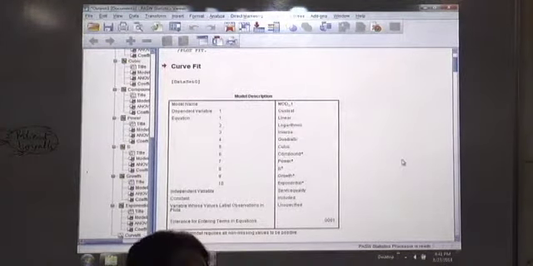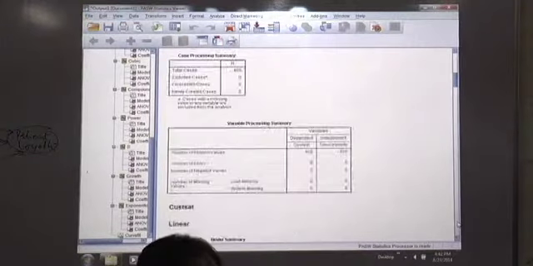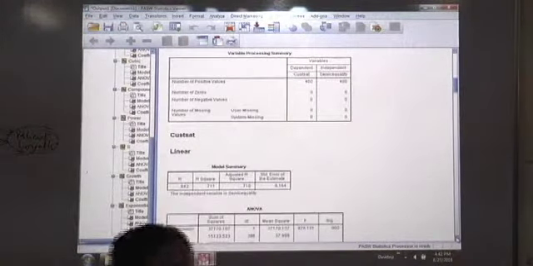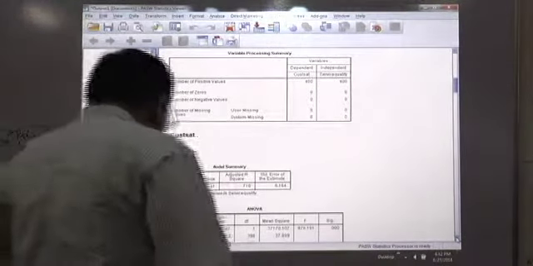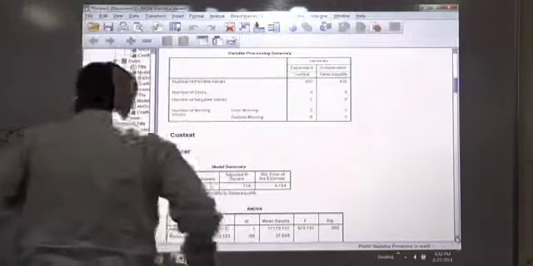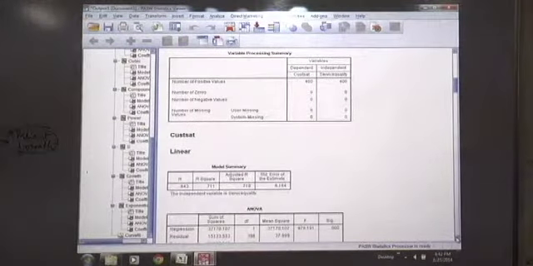And service quality is the independent variable and customer satisfaction is the dependent variable. Now look at the first one. You need to prepare a summary. R square and F have to be written for each of the curves, or we call it relationship.